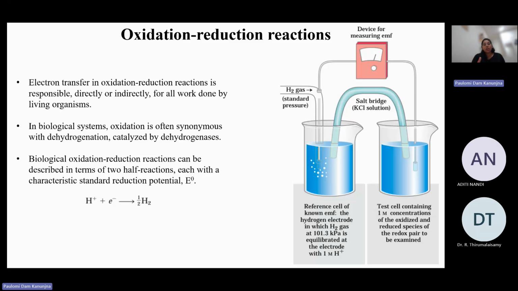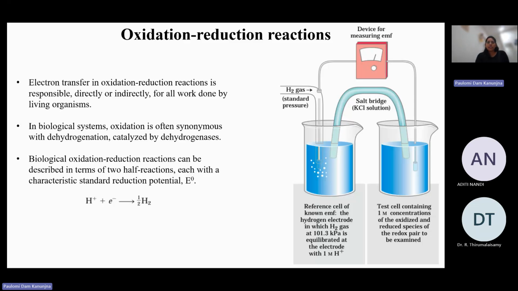Now, in an oxidation reduction reaction, what is actually happening is there is an electron transfer, the movement of electrons from one compound to another due to the electron affinity of the compound, and that electron transfer is responsible for the work done by the living organism, right?